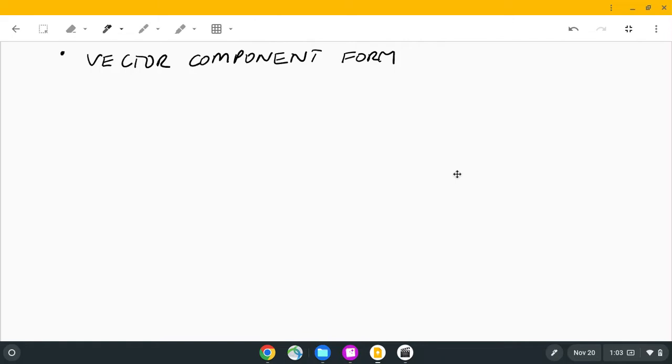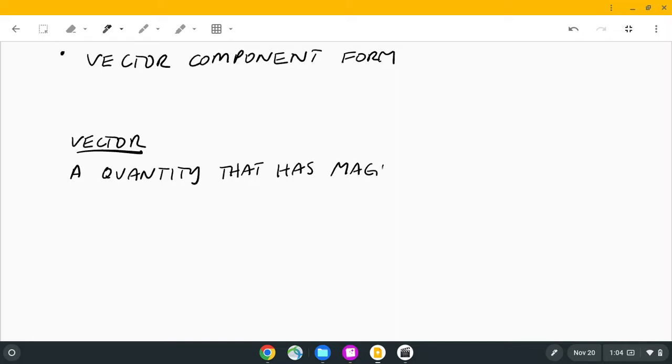If you are taking physics or any engineering courses, then you might already know quite a bit about vectors. A vector is a quantity that has magnitude and direction. And we use vectors to represent forces. So that's why you'll see it in physics or in engineering courses.